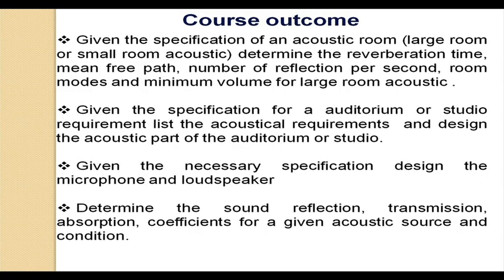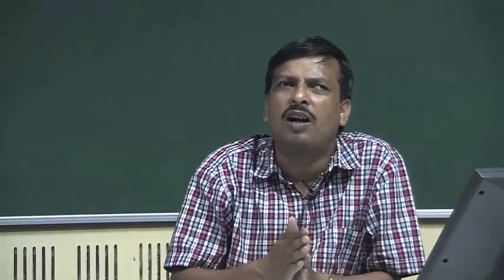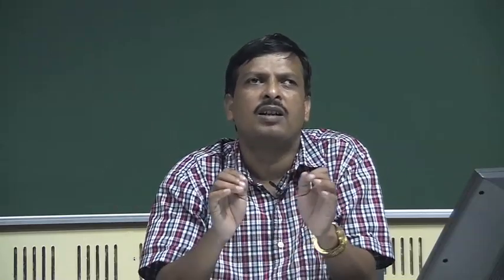specification. Okay. The next thing is, given the specification of your auditorium or studio requirement, suppose somebody tells you, I require this kind of auditorium, that many seats, that many watts of maximum sound, you design the acoustics part of the auditorium.